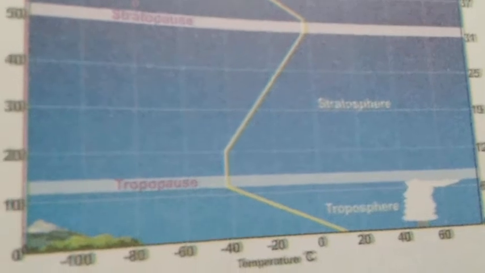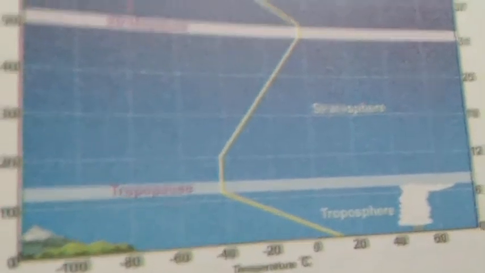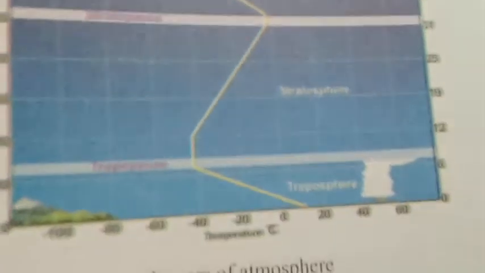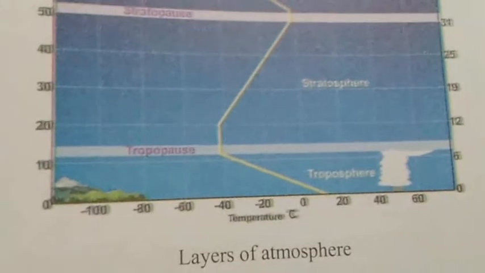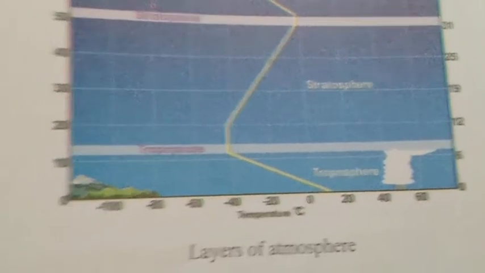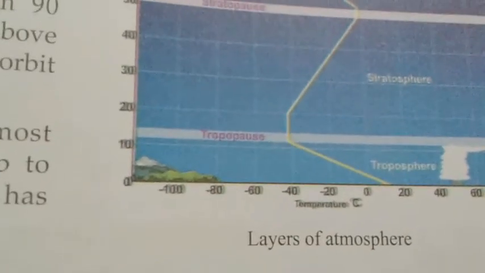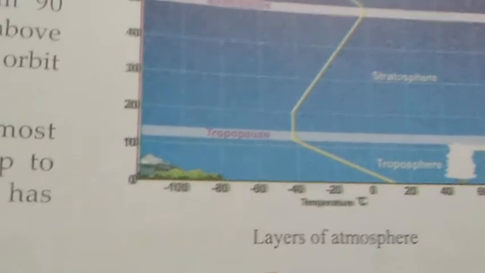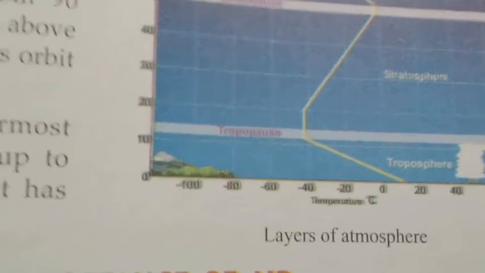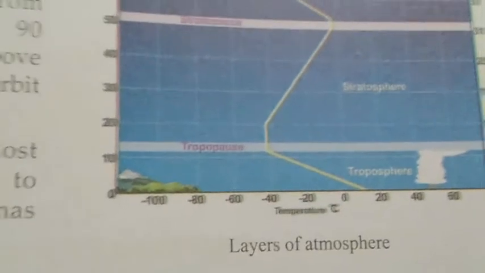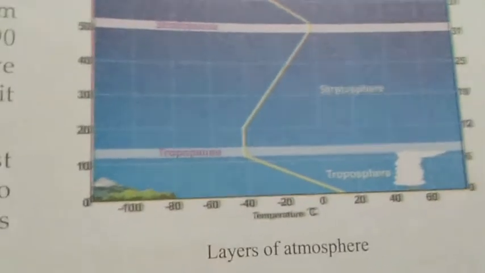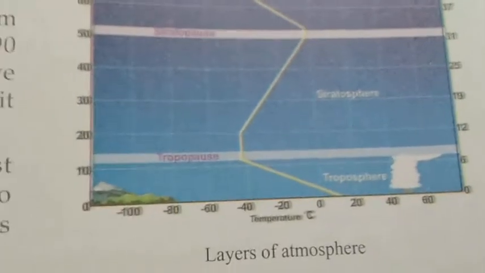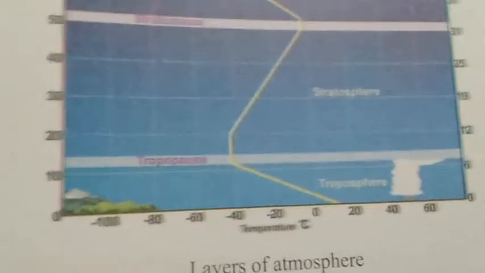It is at the rate of 1 degree centigrade for every 165 meters, that is called the normal lapse rate. So in this layer, air temperature always decreases with the increase in height. Okay, and next is stratosphere.